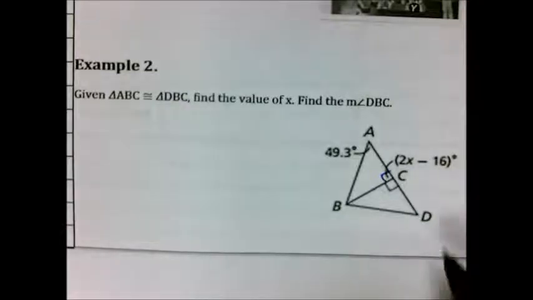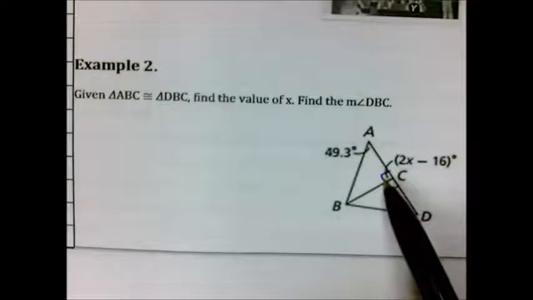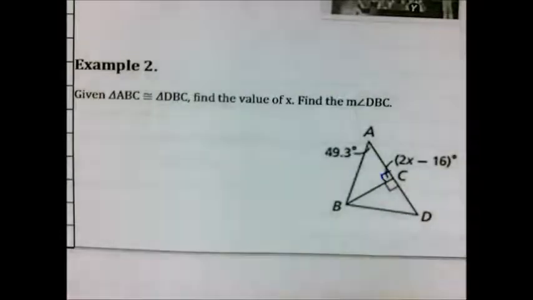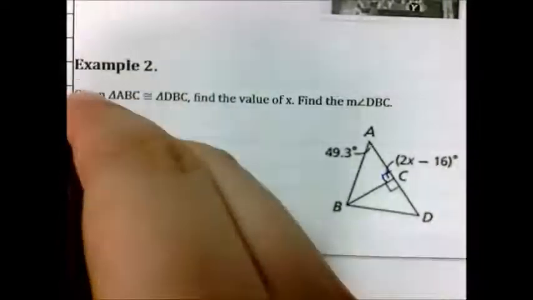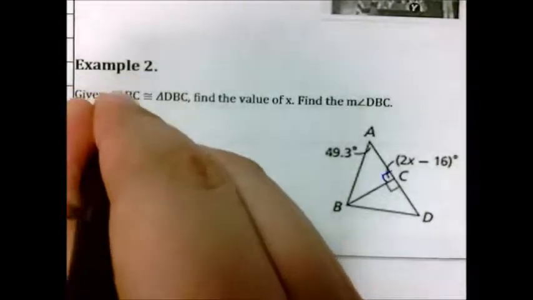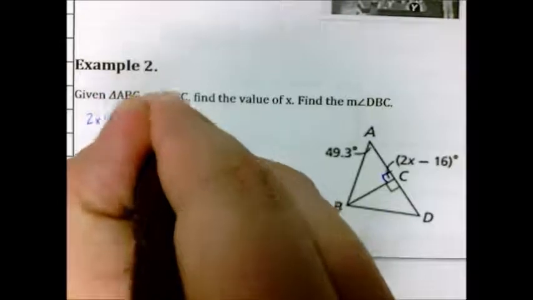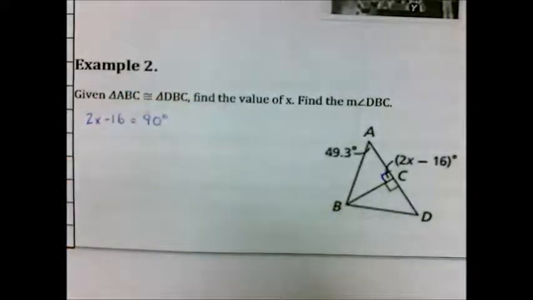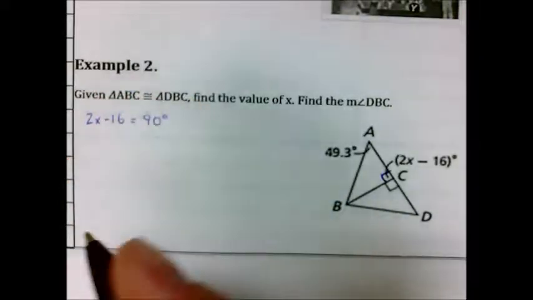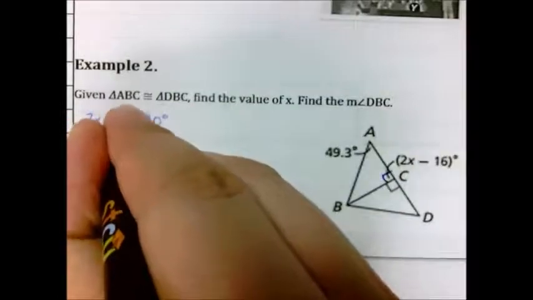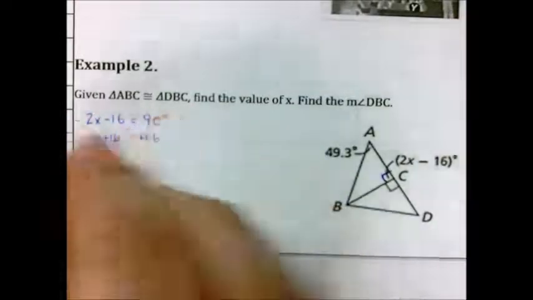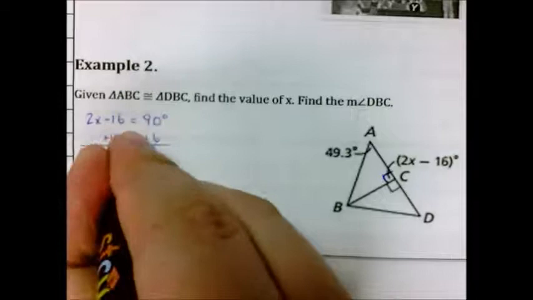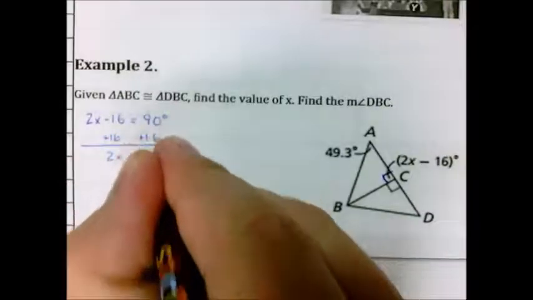When you're faced with a problem like this, you just need to evaluate what that angle is supposed to be, or what it is corresponding to. So we have 2x minus 16 equals 90 degrees. Then all we have is algebra, solving for x. We add 16 to both sides, and we're left with 2x equals 106.